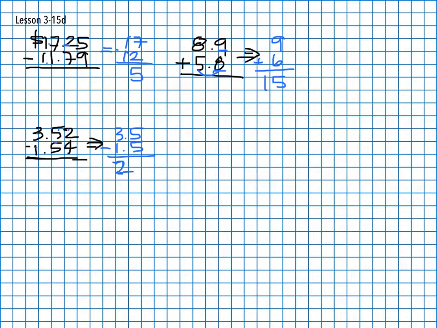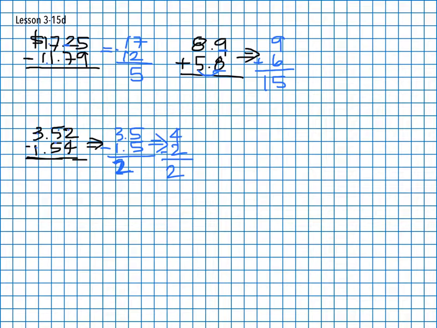My answer should be somewhere around 2. Now, if I wanted to, I could have just gone to 4 minus 2, and I would have had 2 right there. So regardless of what you round to, you should get a very similar number.